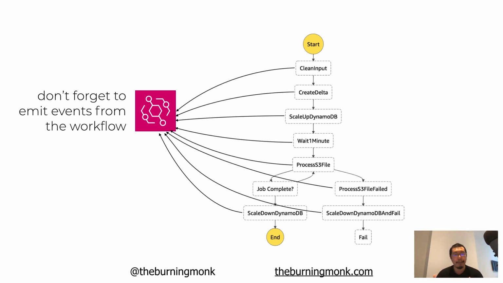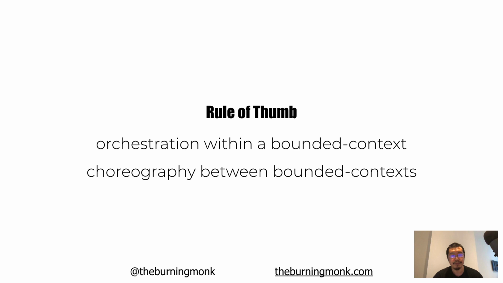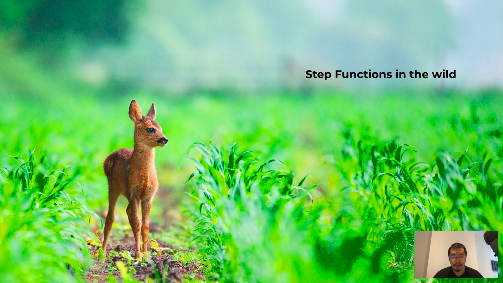But so long as we're still publishing those events from our workflows, we can still build other microservices on top of those events without making them really tightly coupled together. Again, just my rule of thumb: prefer orchestration within a bounded context, but choreography between bounded contexts.